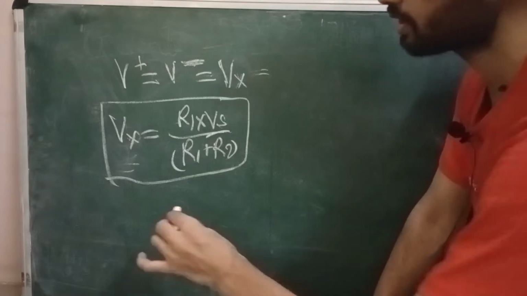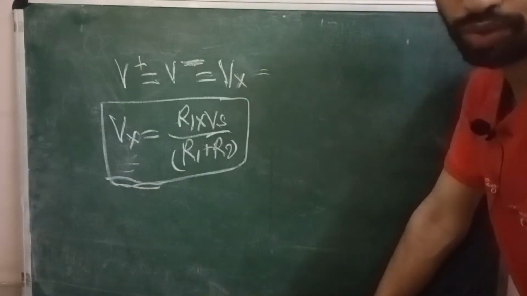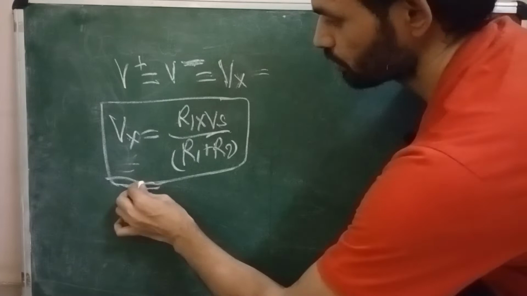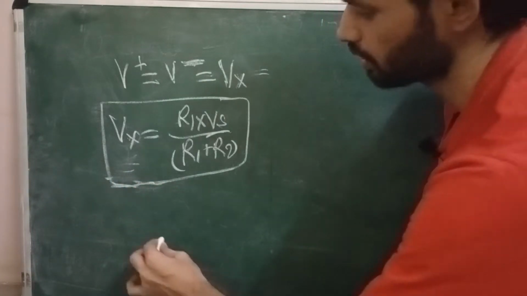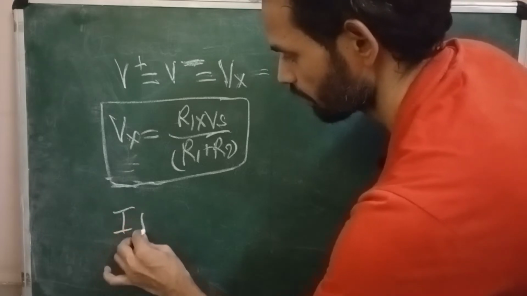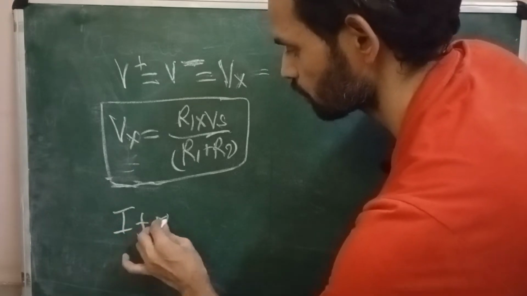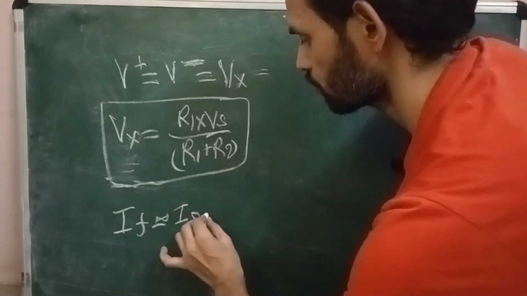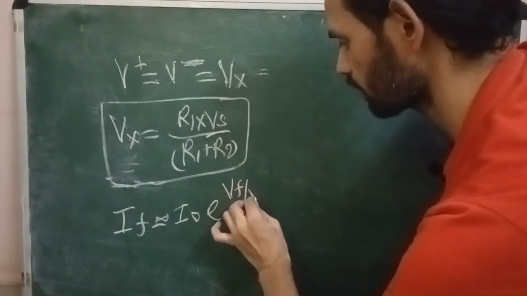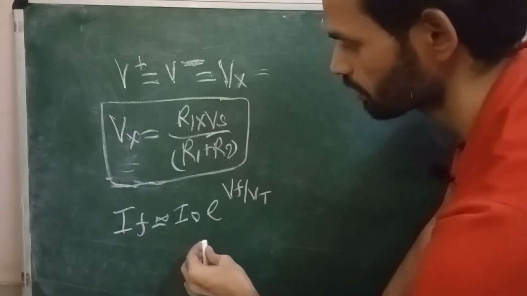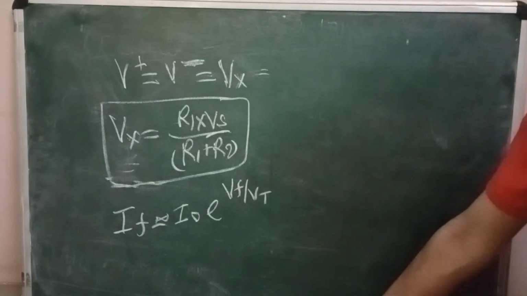Now see the current IF. The current IF is incoming in the first op-amp, so it passes through the diode in feedback. So this current IF is approximately equal to I0 into e to the power Vf by Vt. This is the current equation.